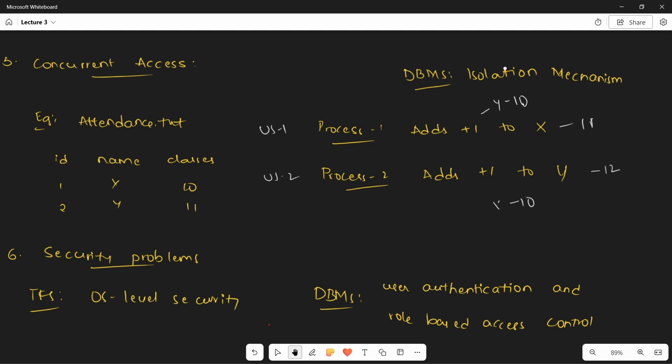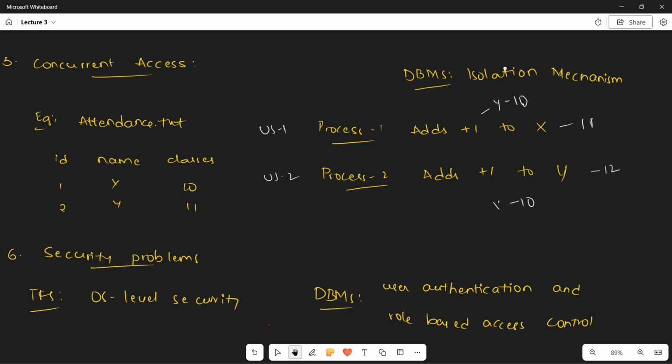And next comes the security problems. Generally, file-based systems rely on OS level security, which is often insufficient. Whereas DBMS, on the other hand, offers robust security features like user authentication, role based permissions, and encryption, which keeps the data safe. For example, let's say a student in the university got hold of all the files. What happens?